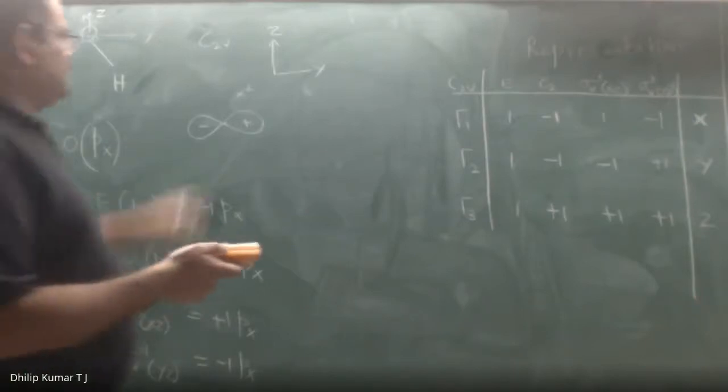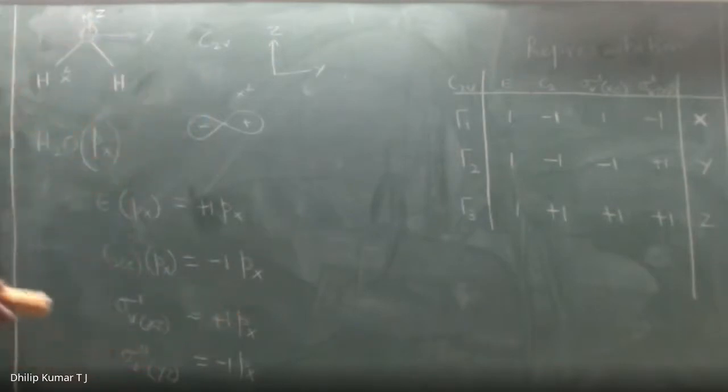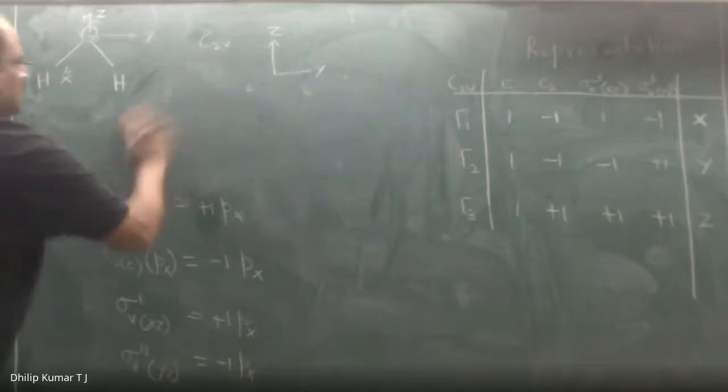Since we're talking about character table, fine, we'll go to the next one. So this was for the water molecule, right? We'll take it for cis butadiene, and let's see what happens.